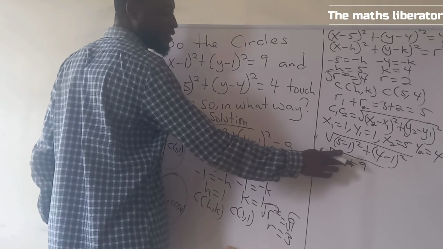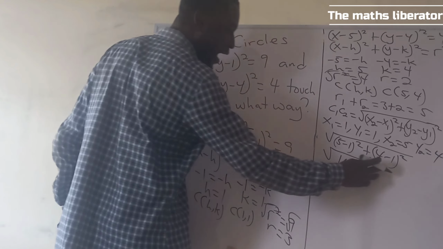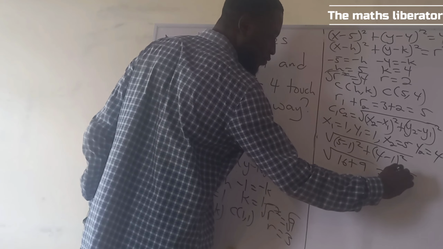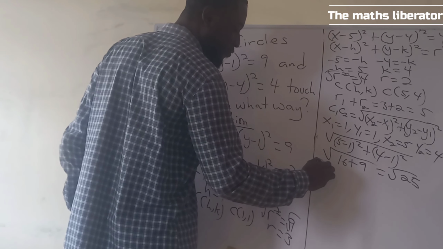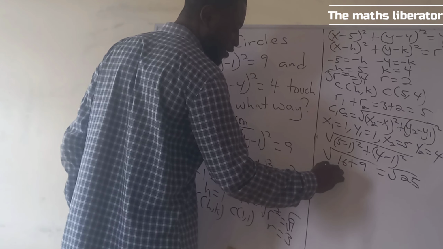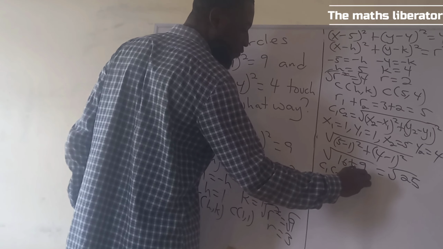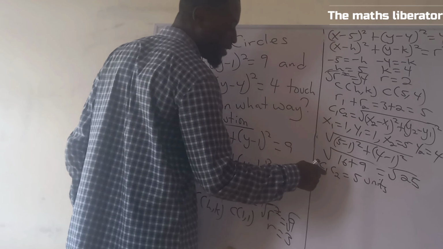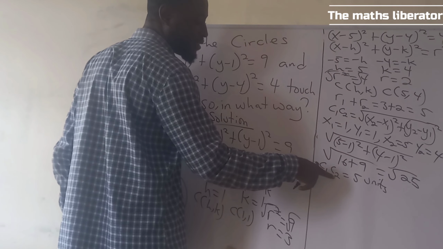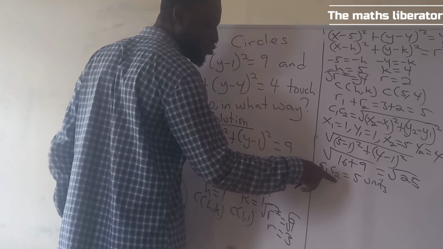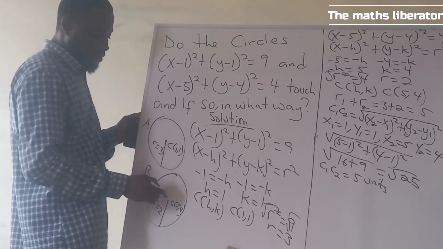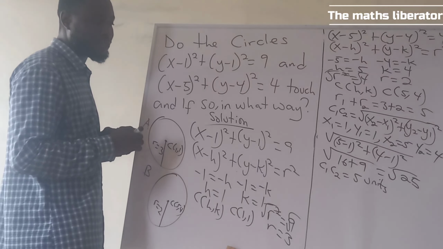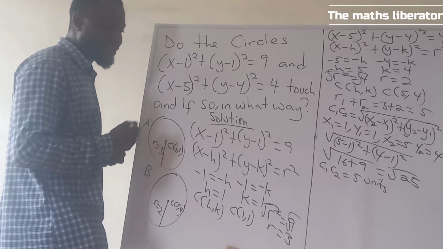Good. So 16 plus 9 gives us 25. The square root of 25 is 5. So the distance from center 1 to center 2 is 5 units.